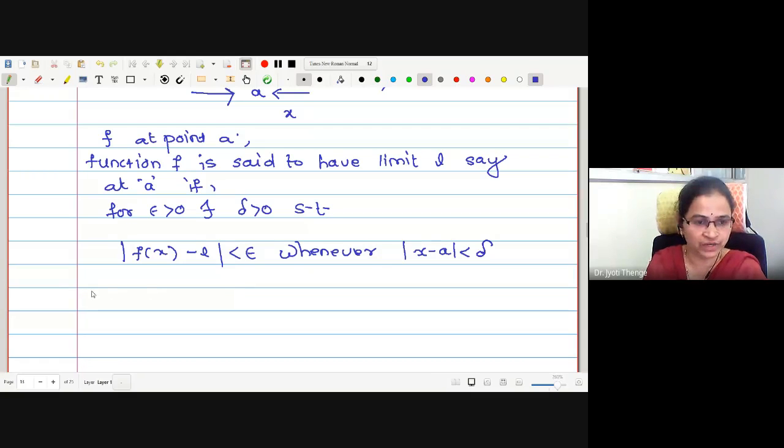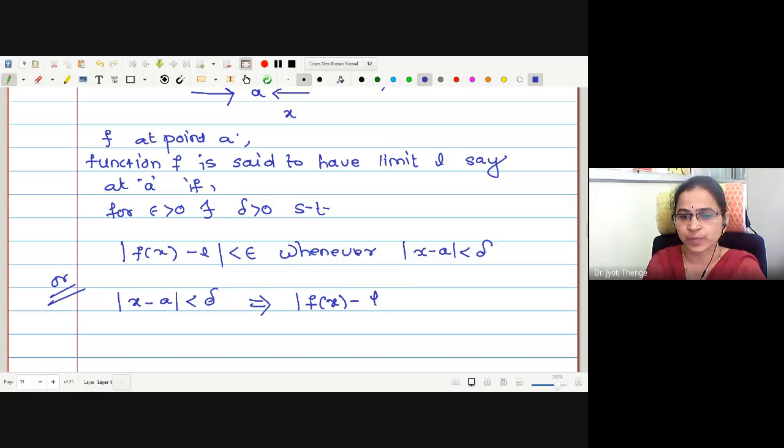Instead of writing whenever, we can write this in other words: mod of x minus a less than delta implies mod of f of x minus L less than epsilon.